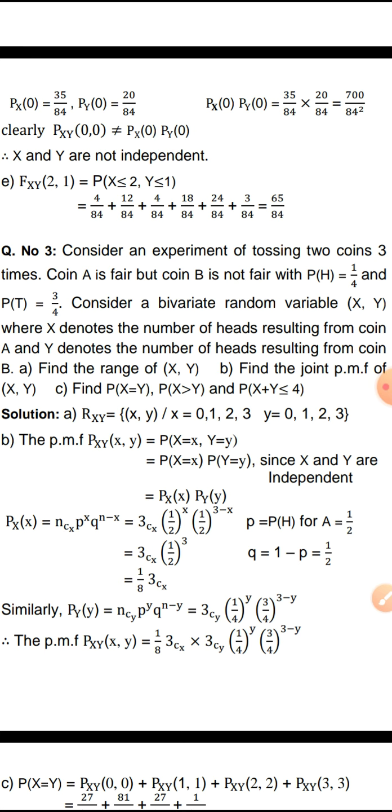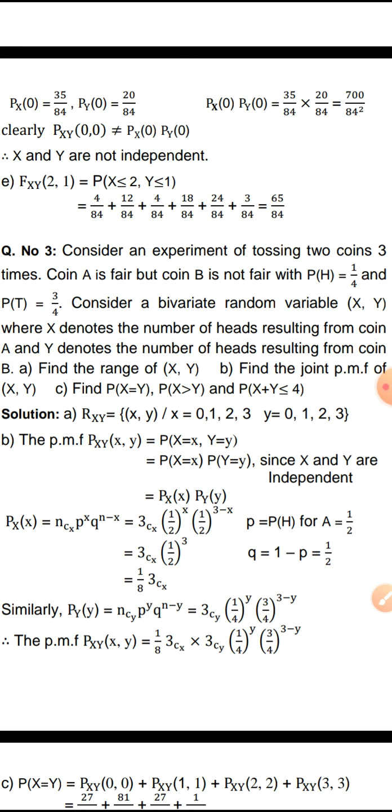X denotes the number of heads in 3 tosses. So the probability of getting x number of heads will be nCx p power x q power n minus x, where p, for coin A, the probability of getting a head, is half. P is half. Q is 1 minus p, 1 minus half means it is half.